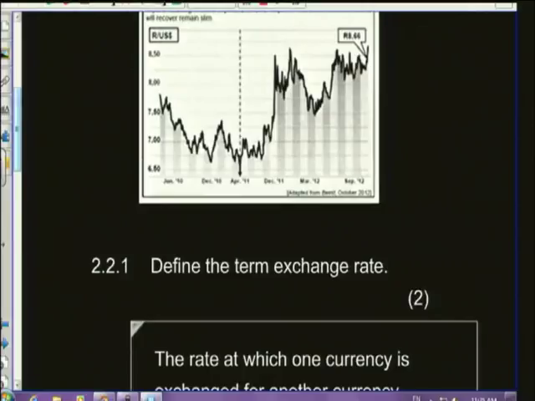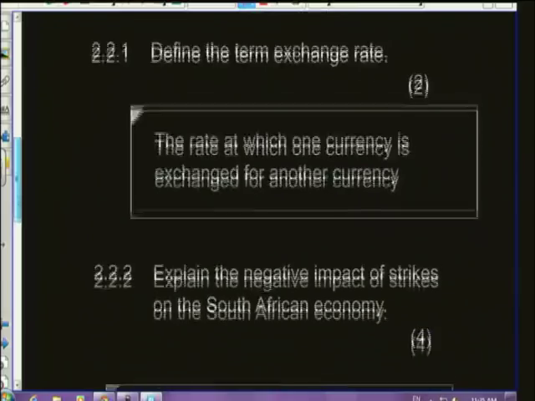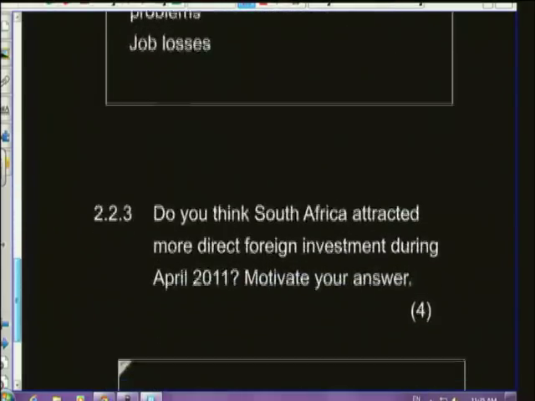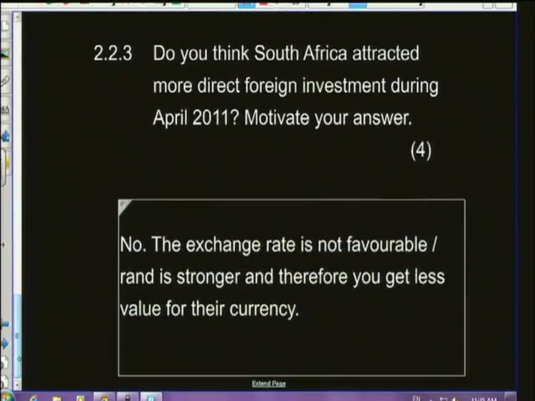Looking at December 2011, in this area, there has been a depreciation in the value of the currency. And this brings us to the answer of 2.2.3. It says the exchange rate is not favorable or the rand is stronger, and therefore you get less value for your currency.